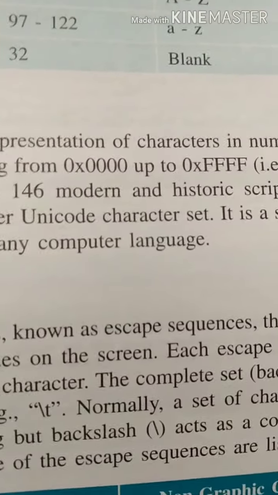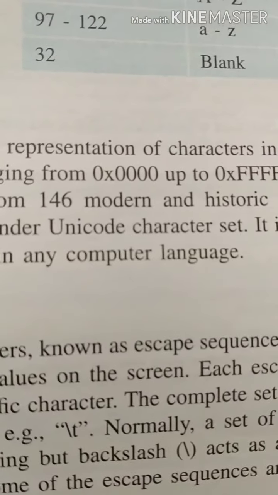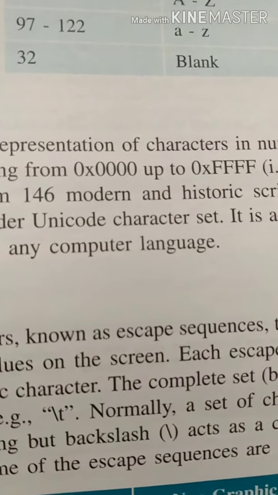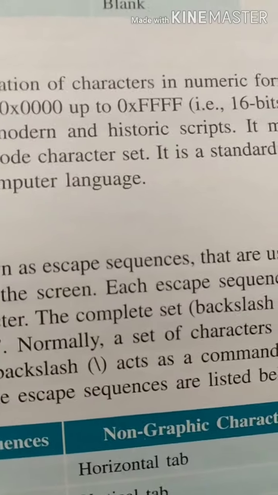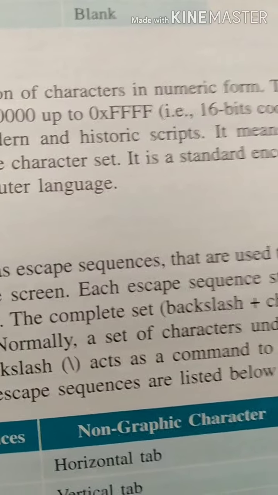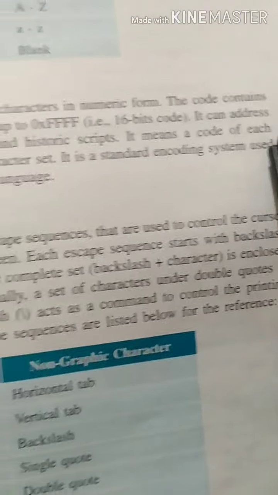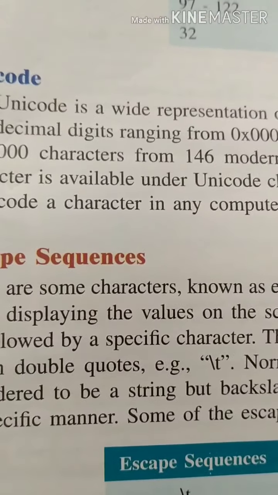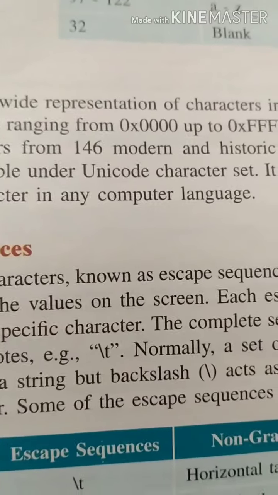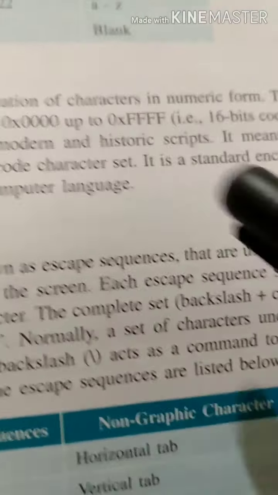What is the base of hexadecimal? 16. And how many digits are there in hexadecimal? 0 to 9 and A, B, C, D, E and F, a total of 16. Hexadecimal is a 16-bit code, and it can address 1,37,000 characters from 146 modern and historic scripts.